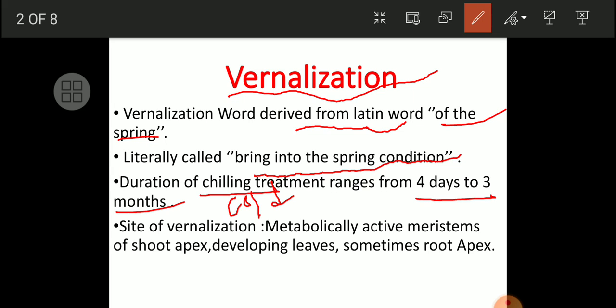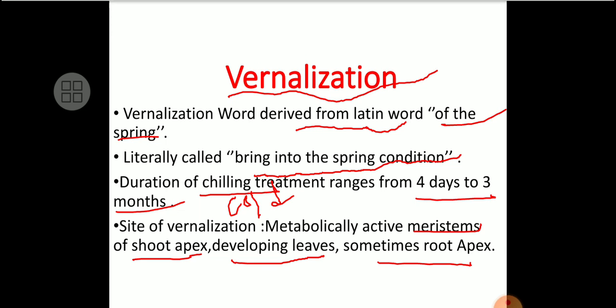Site of vernalization: metabolically active meristems of the shoot apex, developing leaves, and sometimes the root apex are the sites where the physiological process of vernalization takes place.